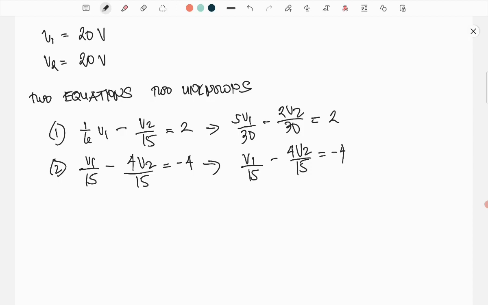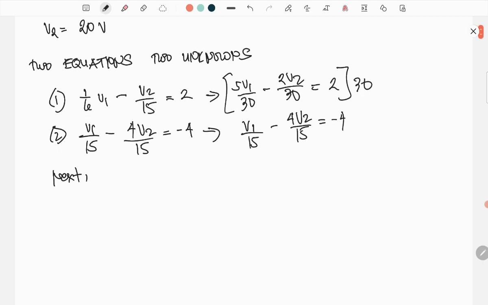How are we going to do that? In equation 1, we just multiply it by 30. So for equation 1, we have 5V1 minus 2V2 is equal to 60.